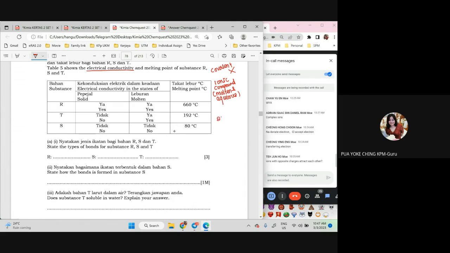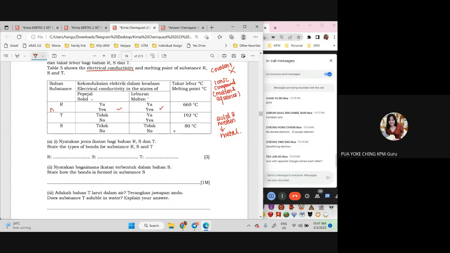Kalau ada solid dan molten, apa I tulis? If that one is solid and molten, this one is metal. So it will ask about your metallic bond. So like this one, solid, molten, yes, yes.